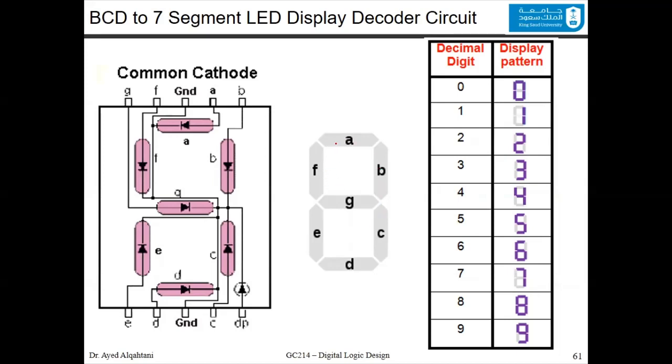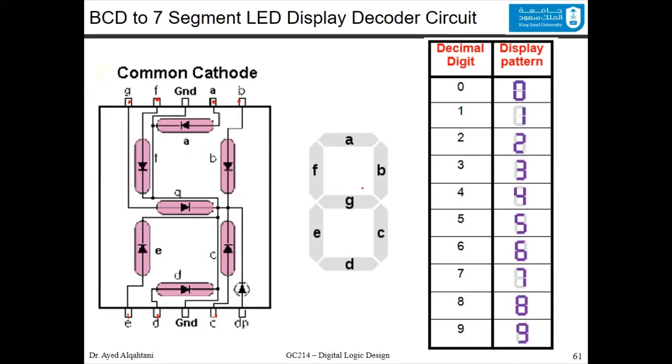You can see there are 7 segments: A, B, C, D, E, F, and G. Also, there is a chip that has this 7-segment LED display, and you can see it has 5 pins in the top, 5 pins in the bottom, and this is our 7 segments, A, B, C, D, E, F, and G, with power supply and control pins, 3 more.